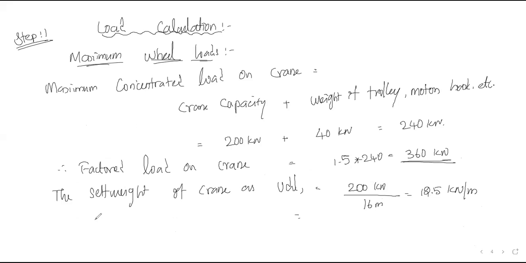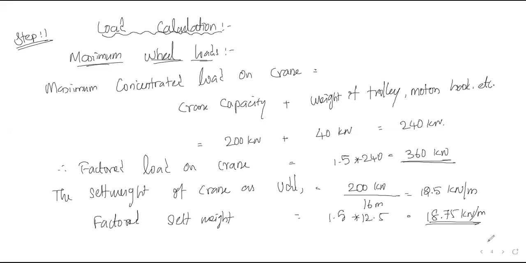So the factored self weight is 1.5 into 12.5. So it becomes 18.75 kilonewton per meter.